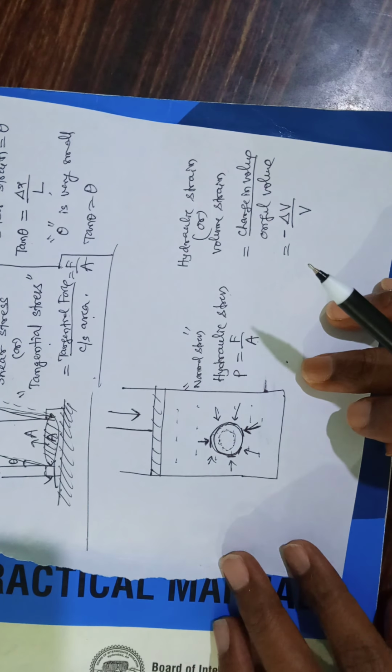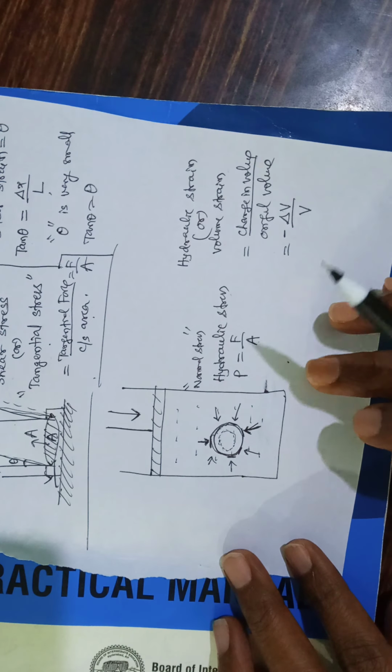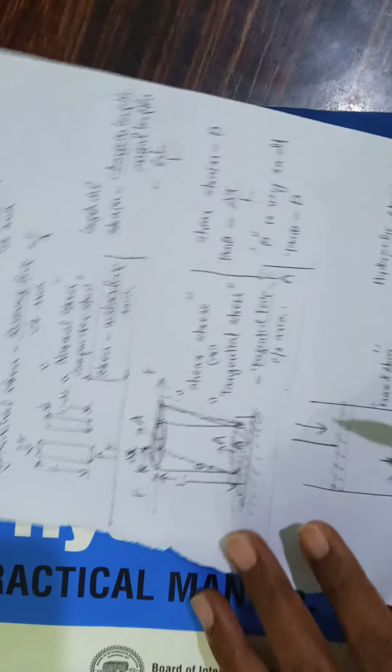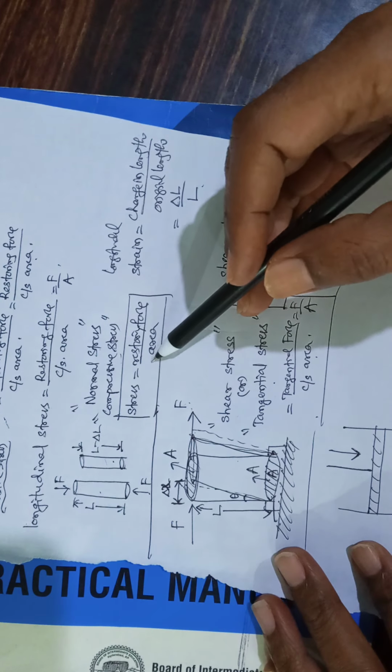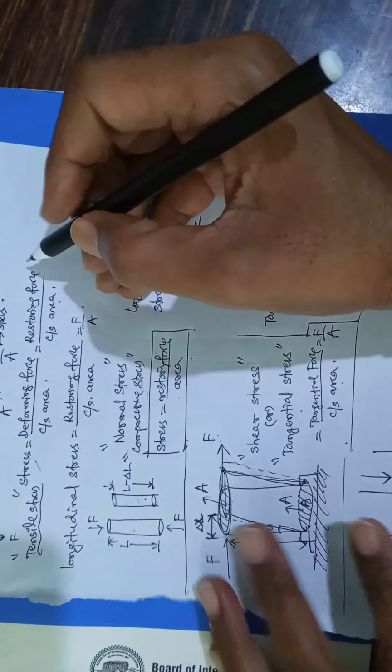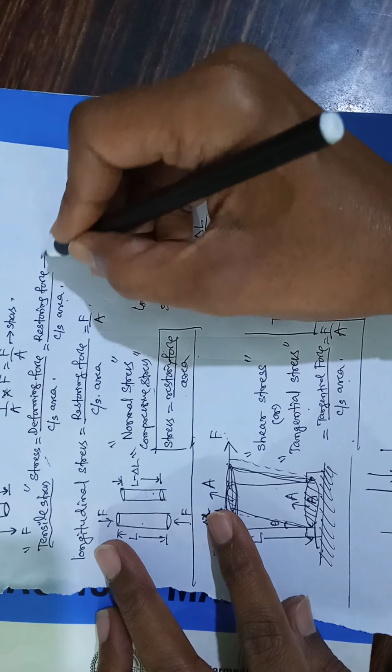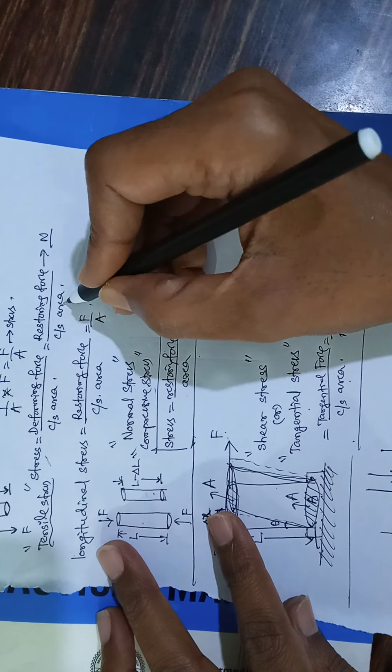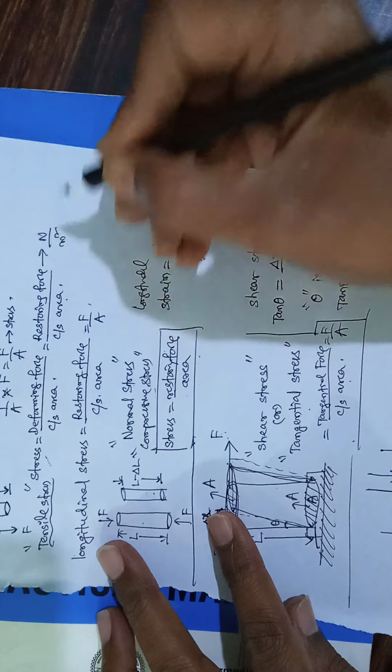Now let us consider the SI unit for stress and strain. First let us consider longitudinal stress, force by area. See, force is measured in newtons, area is measured in meters square.